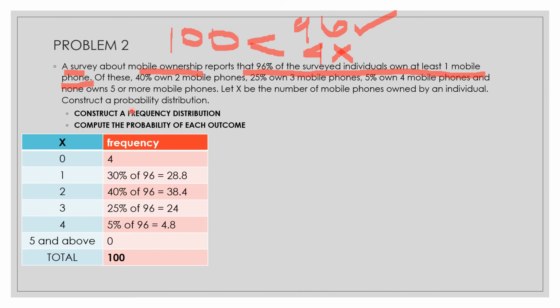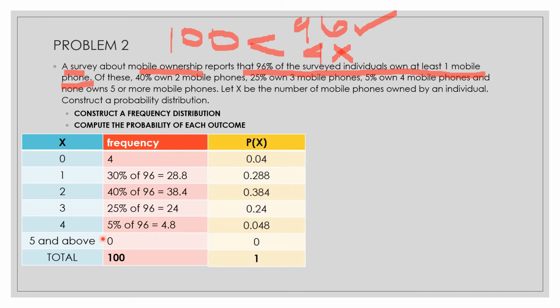Next, we are going to compute the probability of each outcome. So same concept tayo or same solution for computing the probability, the frequency divided by the total. So we have here for P of 0, 4 is the frequency divided by 100, the total. So may 0.04 tayo.